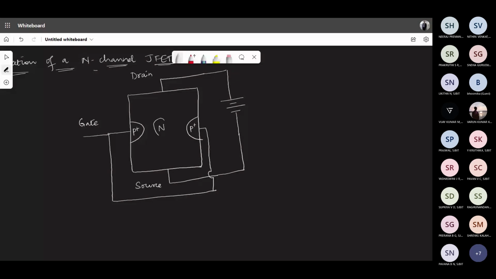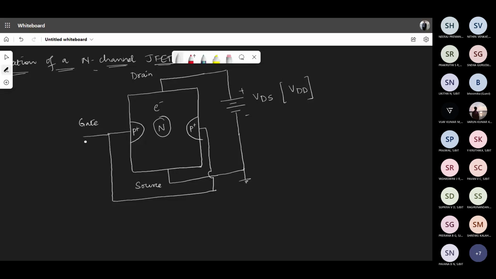Depending on what majority carriers we have in the channel, this supply has to squeeze out all the majority carriers towards it, and the majority carrier here is the electron. That is the reason why we apply a positive voltage here, and we can call it VDS. There are cases where the same voltage is also called VDD, so you don't have to worry about it. And the source is always grounded. The source terminal where the negative is connected is always a ground point.